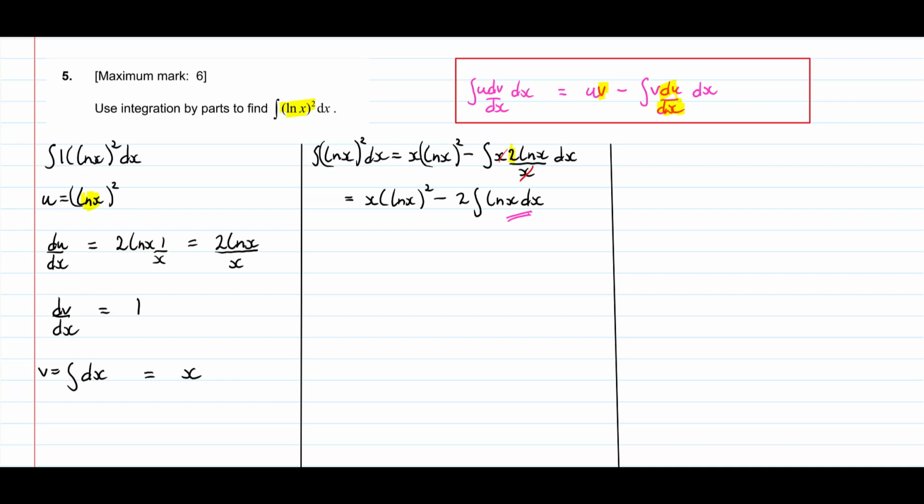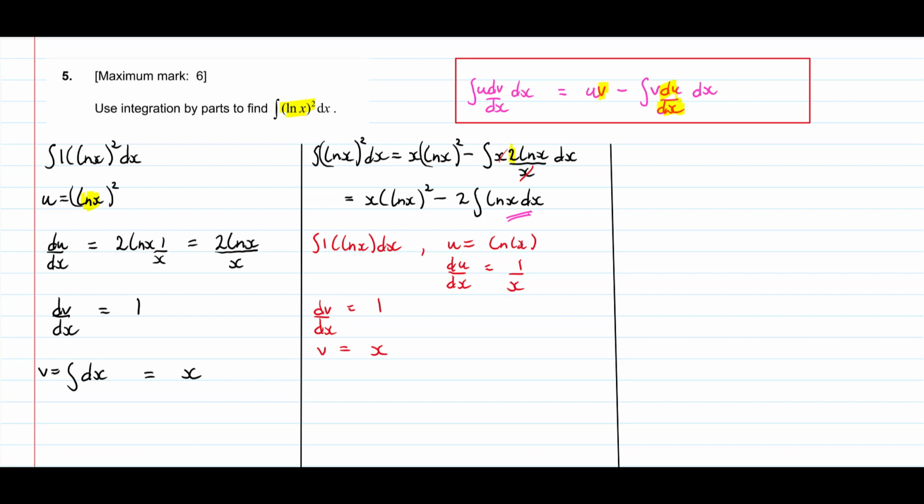So we'll write our integral as 1 times ln x, and then if we let u equal to ln x, then du by dx is going to equal 1 over x, and letting dv by dx equal to 1, and then therefore v is equal to x.